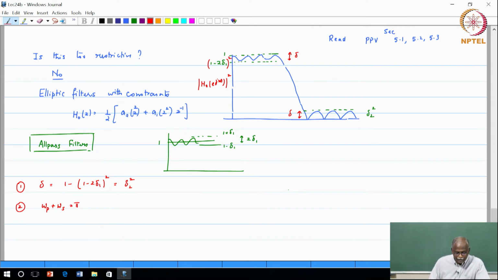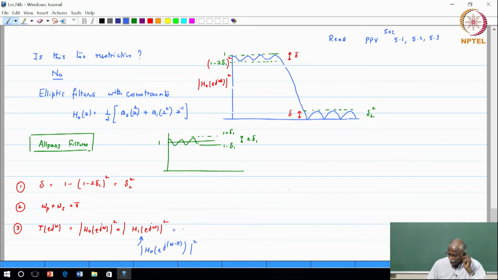I force that constraint as well, and then a third constraint that will come about is that magnitude H naught E of j omega squared plus magnitude H1 E of j omega squared, the QMF constraint says, is actually H naught E of j omega magnitude squared plus H naught E of j (pi minus omega) magnitude squared, and this is equal to 1.